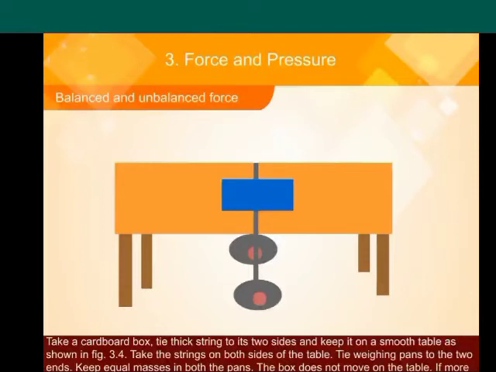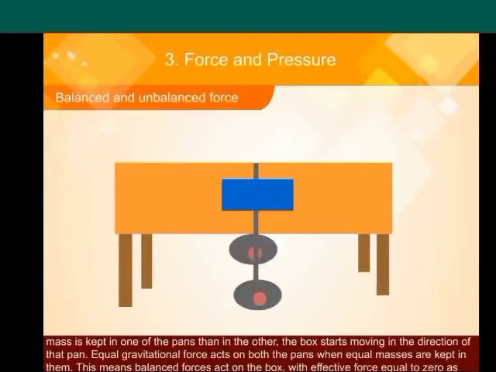Tie weighing pans to the two ends. Keep equal masses on both the pans. The box does not move on the table. If more mass is kept in one of the pans than the other, the box starts moving in the direction of that pan.